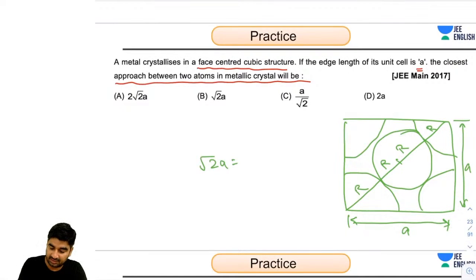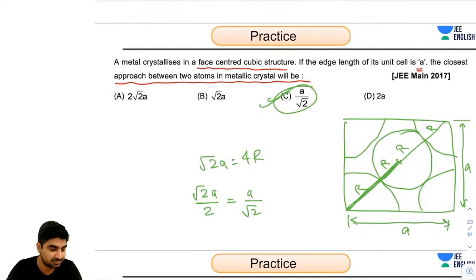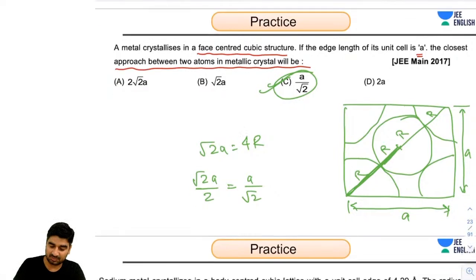So I will just write root 2a is equal to 4r, right? So the distance of closest approach is root 2a by 2. It will be a by root 2. C will be your answer. Yes, Matthews, you are right. You know everything, so Matthews, you are correct this time. So let's move to the next problem, guys.